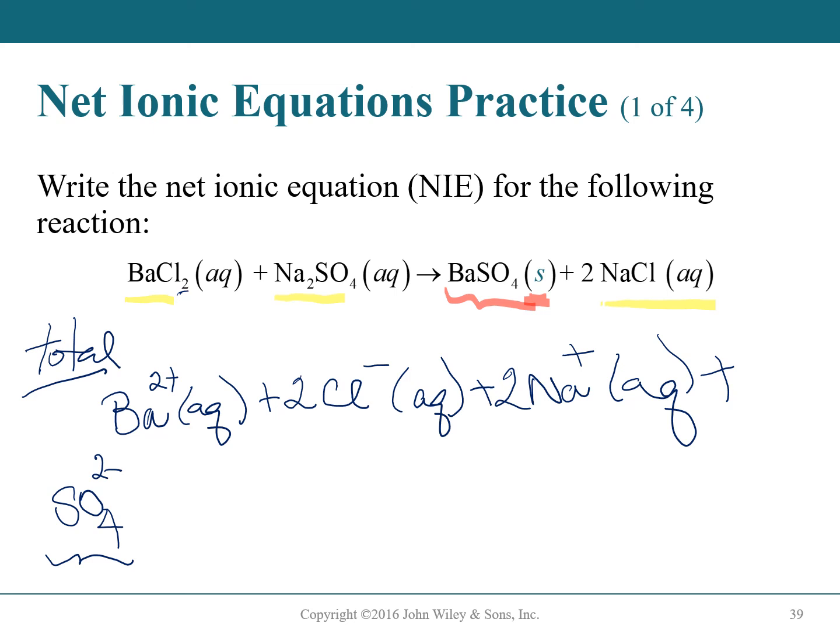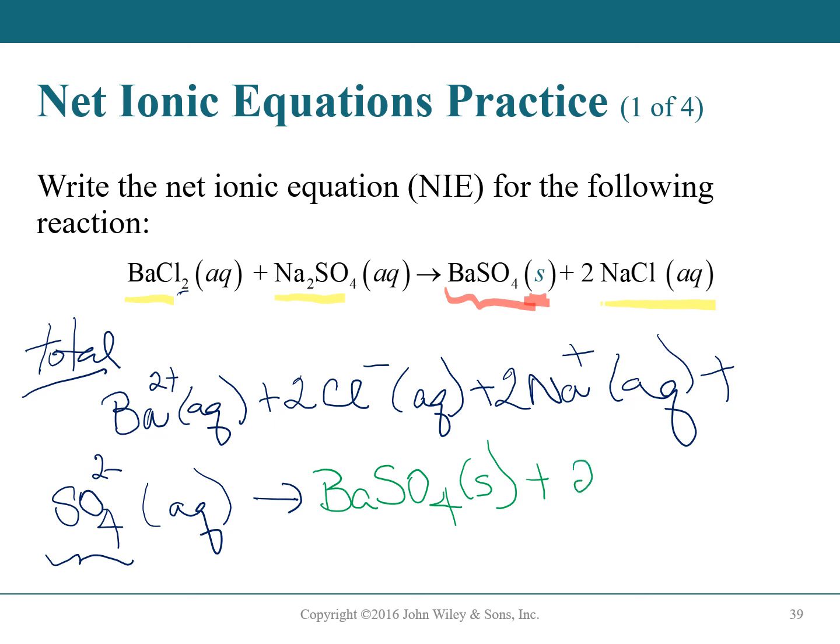So don't separate it into its atoms. This is my unit. It has 4 oxygens, 1 sulfur, and it has a -2 charge. Now on the product side, I have my barium sulfate. It's a solid, so I just copied it down. I didn't do anything with it. And here I have 2 sodium chlorides. So that means I have 2 sodium ions and 2 chloride ions.